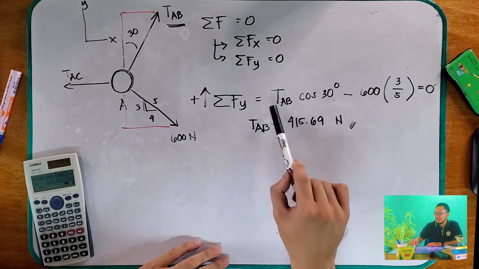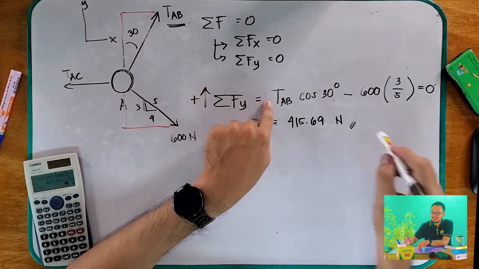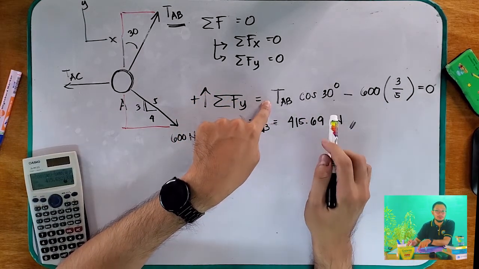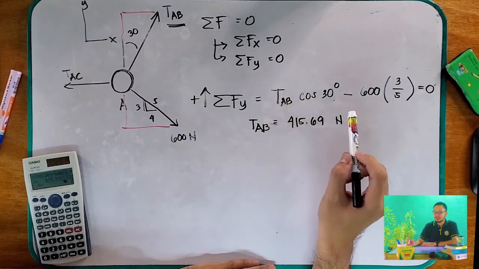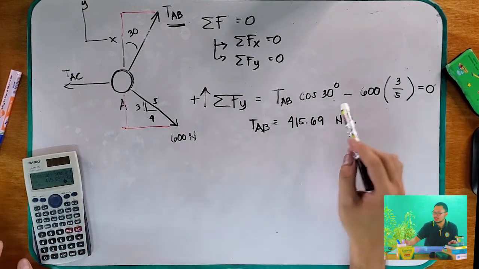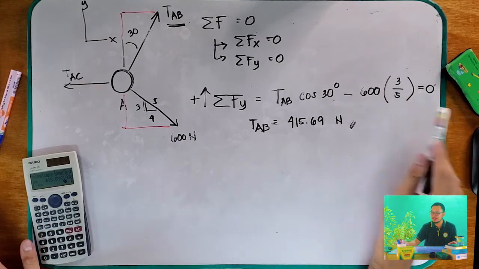In our equation here, we have an unknown, and we know that this equation is in equilibrium, therefore this is equal to 0. Then we have this unknown. By just manipulating the equation and transposing these known values to the other side, you will get your TAB.